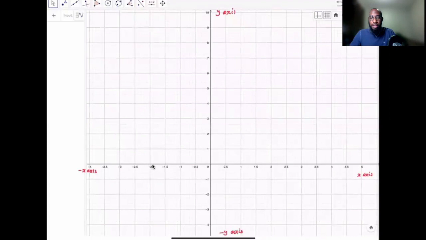So -2, -4. So -2 on the x is here, right? We either go up or down on this -2 line. So -2, -4, we have to go down.